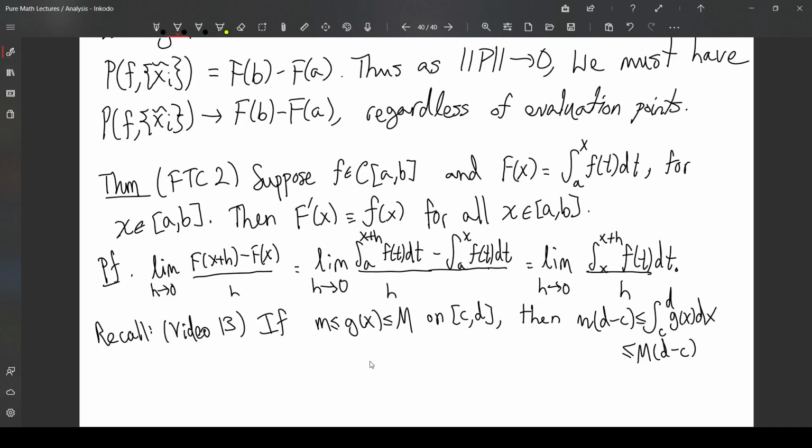And so what this actually says in our case is that, suppose that f of x is bounded similarly, then we know that this integral here is going to be bounded by the length of this interval from x to x plus h, which is just h.